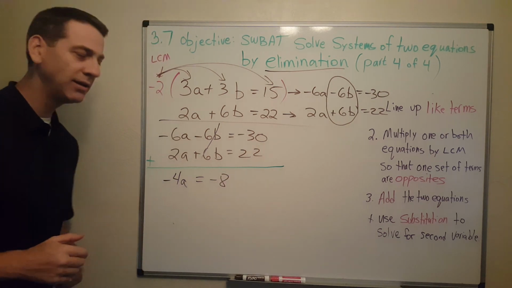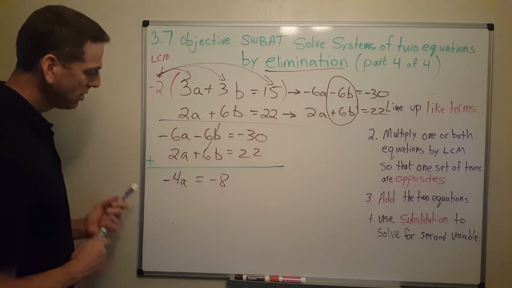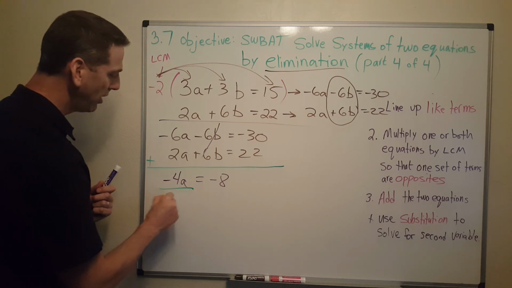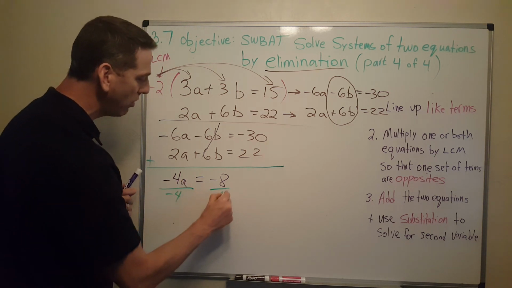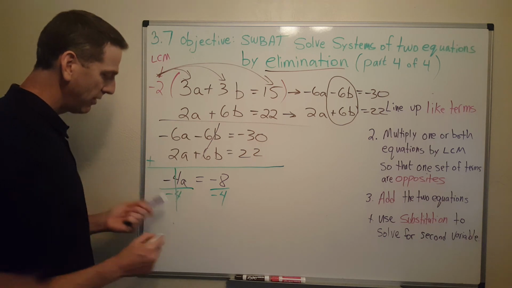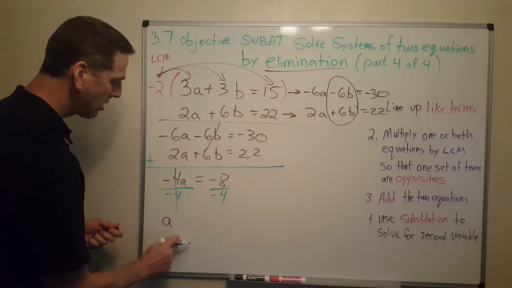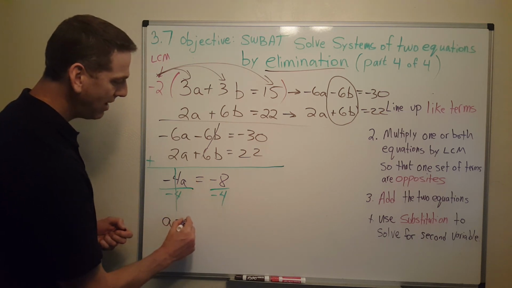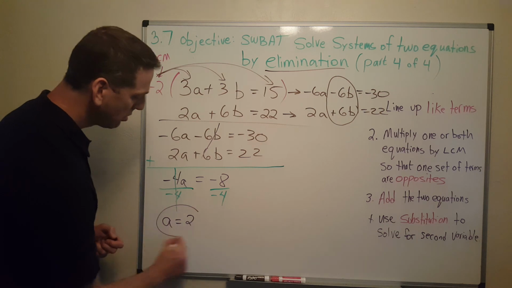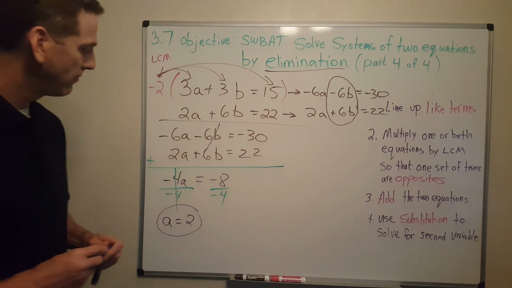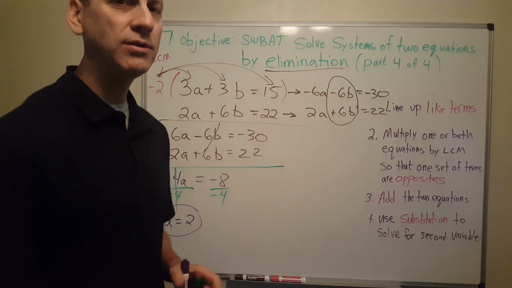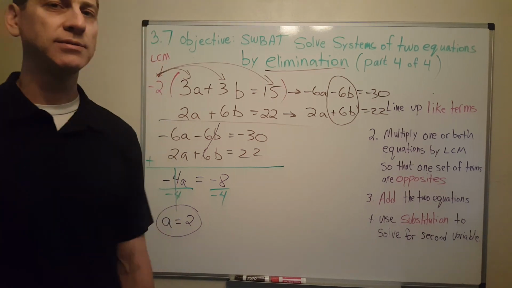See how nicely that just falls out? Okay, this is multiplication, so I divide both sides by -4. That's going to reduce to 1, leaving me with a equals +2. All right, pause the video and see if you can figure out what to do next.